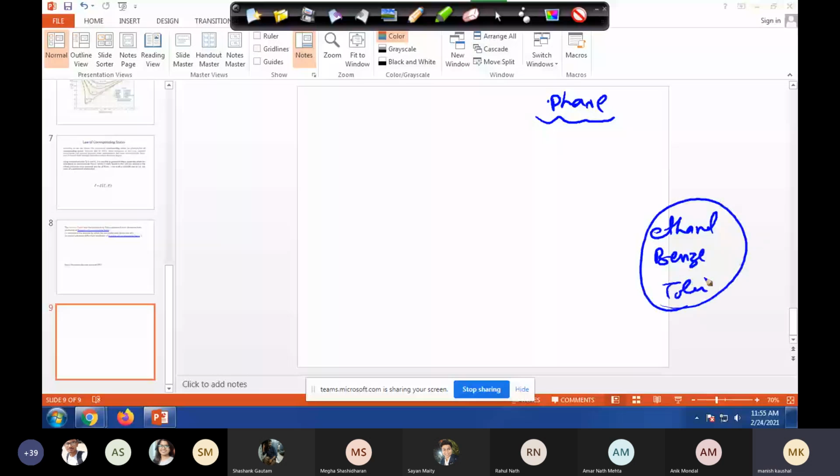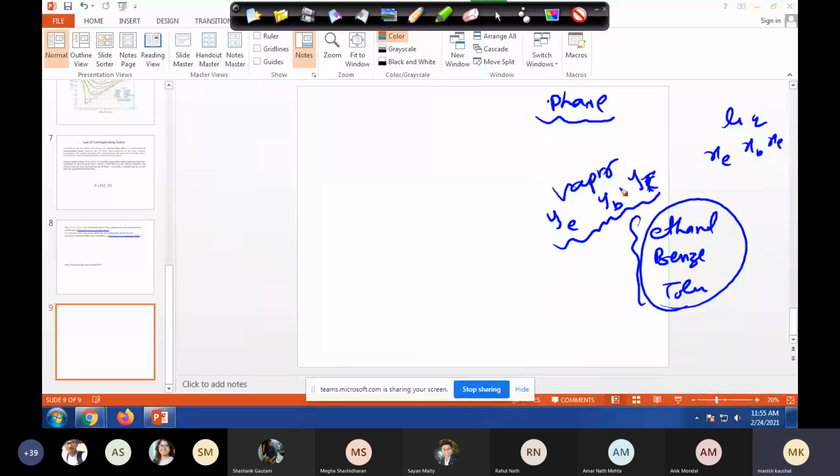If we take the vapor phase, all three components are there: Y ethanol, Y benzene, Y toluene in terms of mole fraction. And if we take the liquid phase, same thing, XE, XB, XL. Are these correlated? Mathematically, the summation is 1, because they are mole fractions.